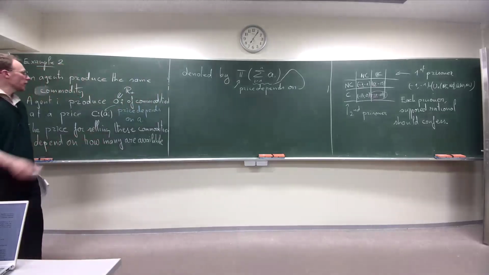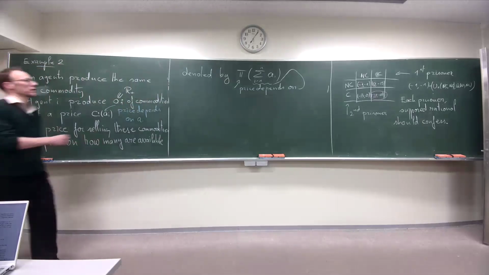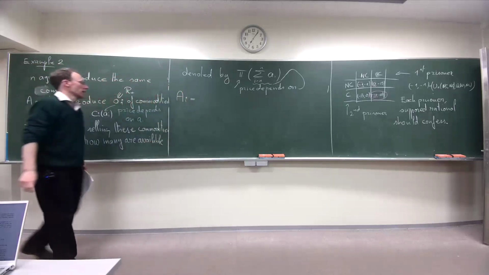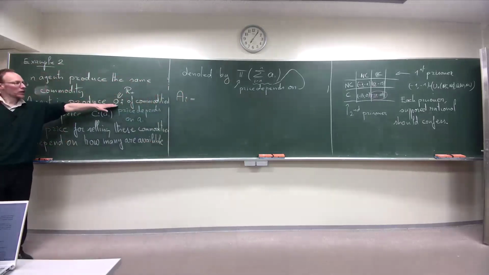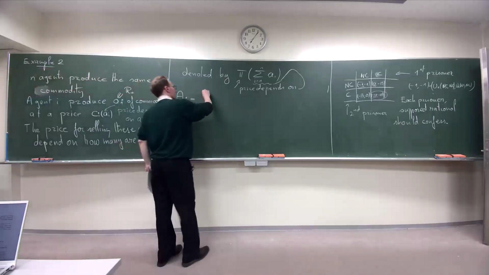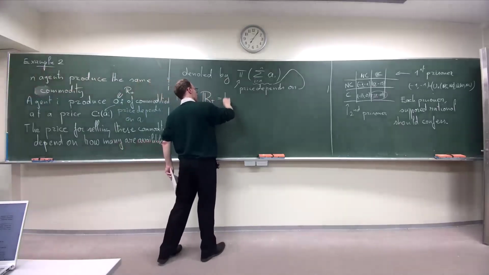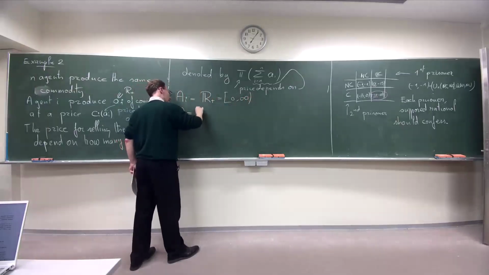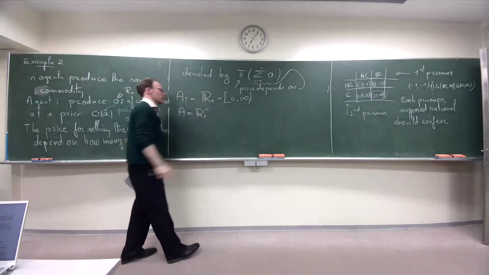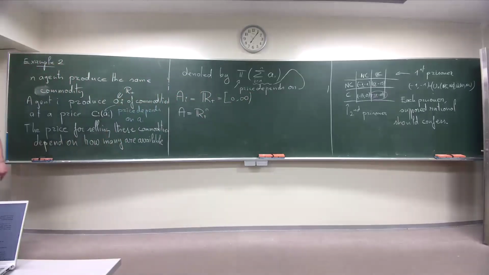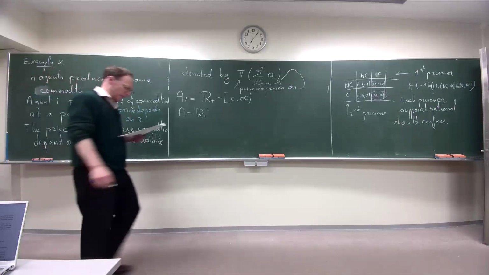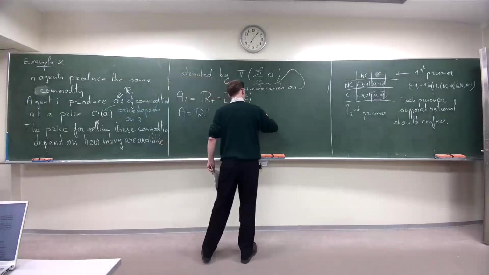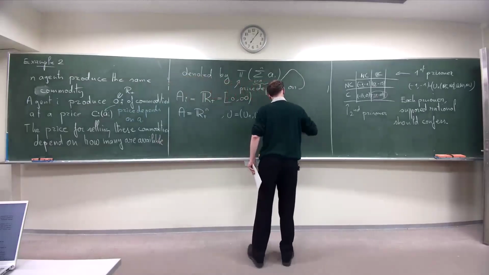Okay, so now we understand this model. Let's put it in a better framework. Each agent can produce any number of commodities, so A_i is R plus, which is just 0 to infinity. It means A is n copies of this, one for each agent. And U is U1, U2, up to UN.